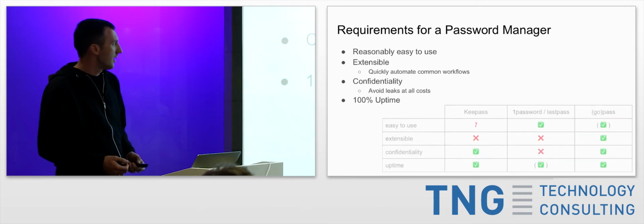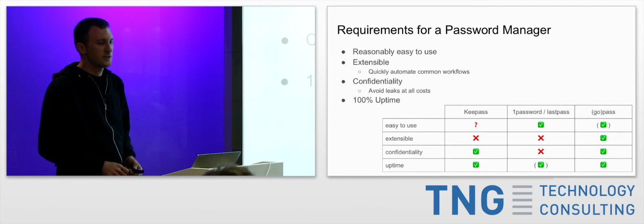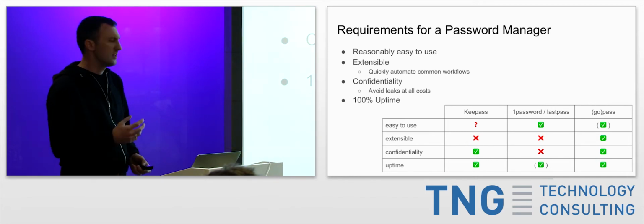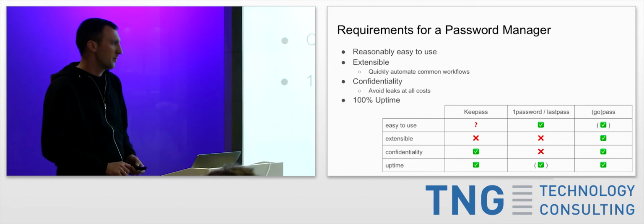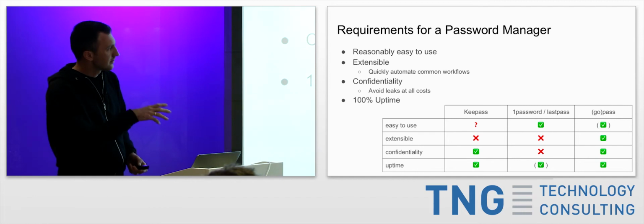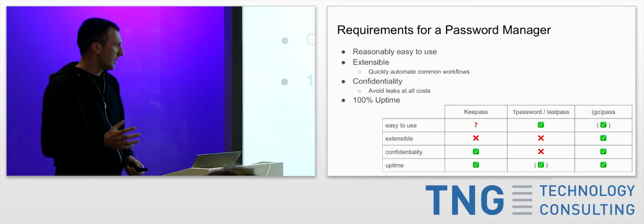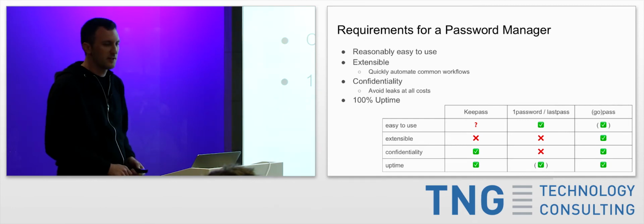So we checked a few password managers out there. This is just a selection, a few of them. For example, there are the GUI-based ones like KeePass, KeePassX, and Password Gorilla, and some others. There are the cloud-based ones like 1Password, LastPass, or some others. And there is gopass. We think KeePass is not always easy to use. Martin elaborated on that.